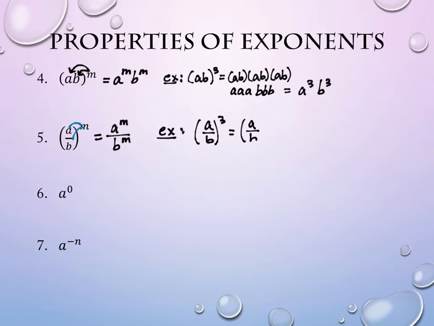So it means that I have a over b times a over b times a over b. And then based on what you know about fractions, you're multiplying across the top, you have a times a times a over b times b times b, which would be a cubed over b cubed.